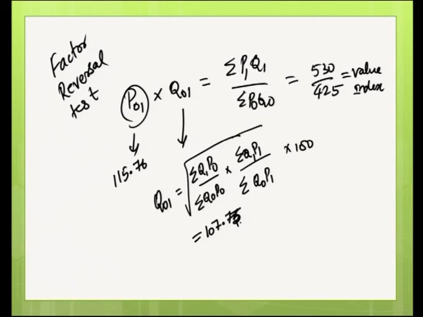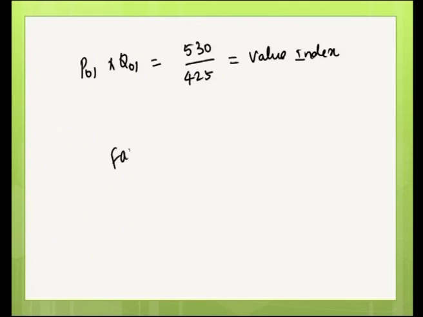When you see, P01 into Q01 is equal to 530 by 425, and this is equal to the value index we just calculated. Therefore, factor reversal test is satisfied.